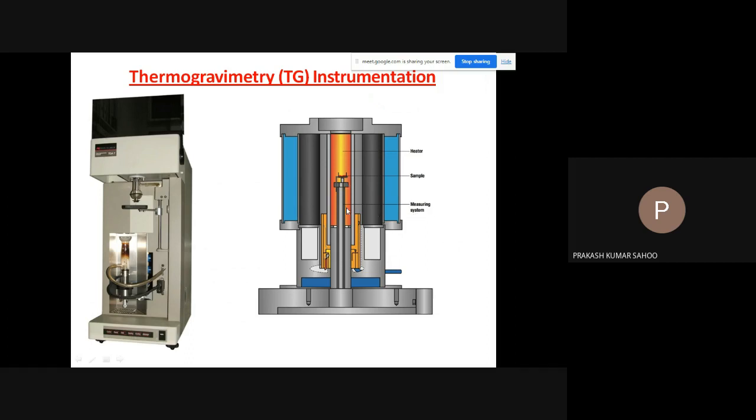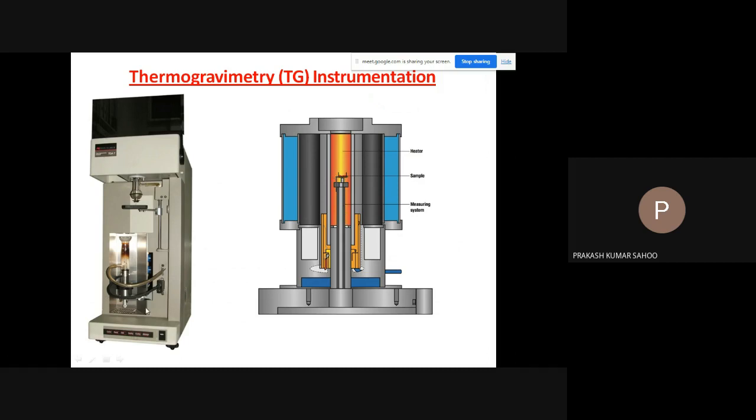This is a measuring system which will measure how much sample disintegrates or decomposes, and what mass is left. The differential mass will be measured by this system. So we have three main components of this instrument: the heating chamber, sample holder and the measuring system.